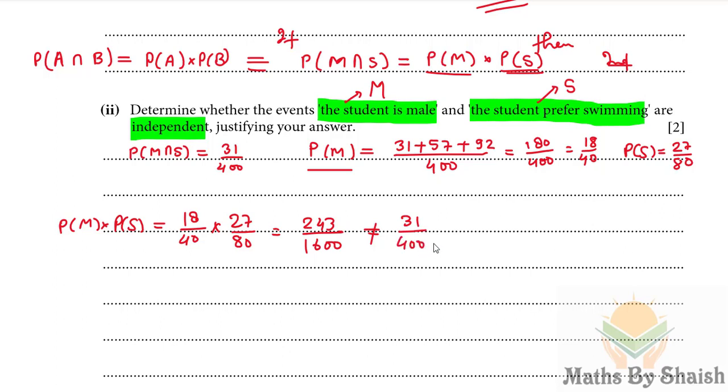If you multiply by 4 in numerator and denominator, it is still not going to be the same. So we can say that the events are not independent, and we have justified our answer. I hope it is clear.